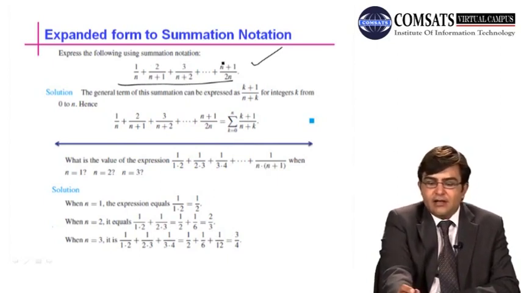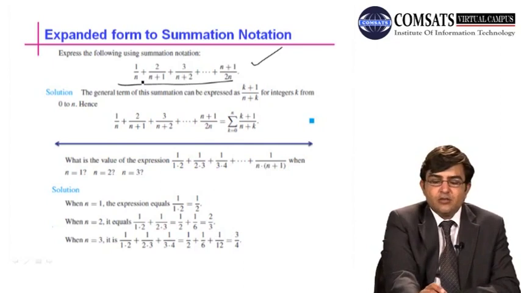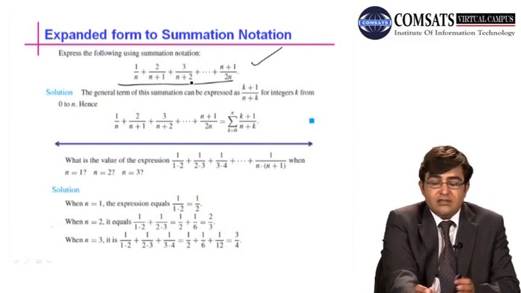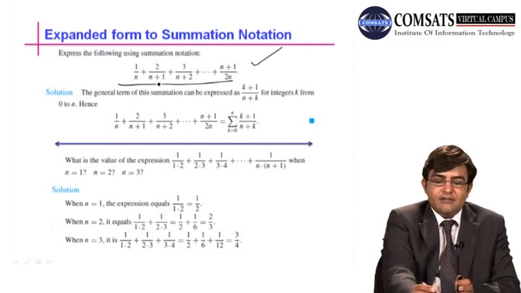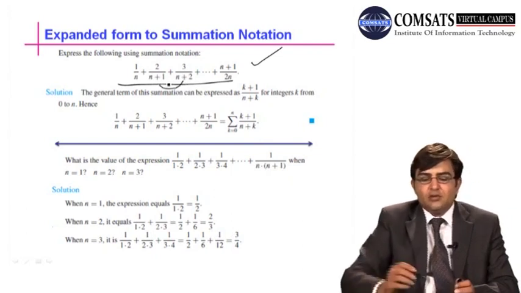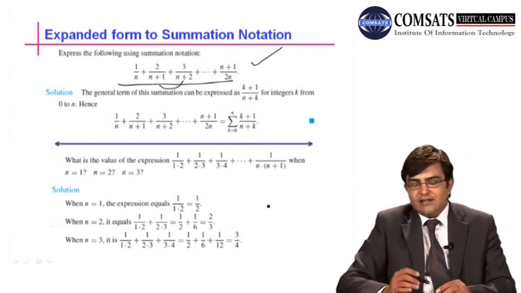General term n plus 1. In the denominator we again always add 1. n plus 0, n plus 1, n plus 2, so n plus 1 is obtained by adding 1 to the previous term. The next term, n plus 2, is obtained by adding 1 to the previous term, and so on. So we have understood the rule.